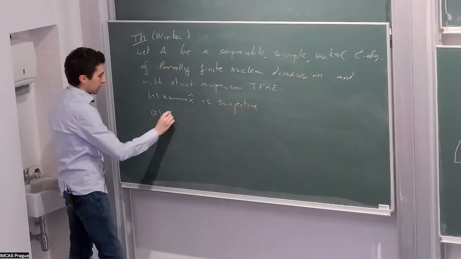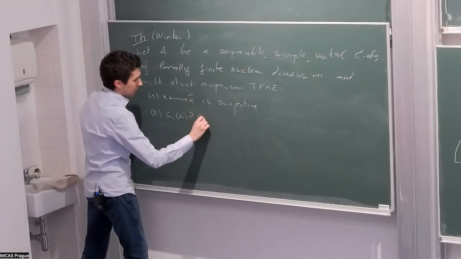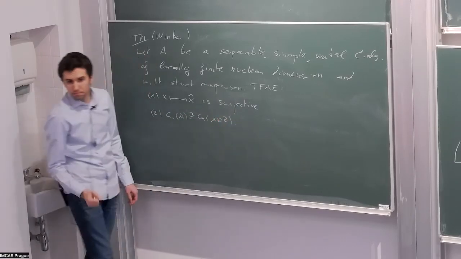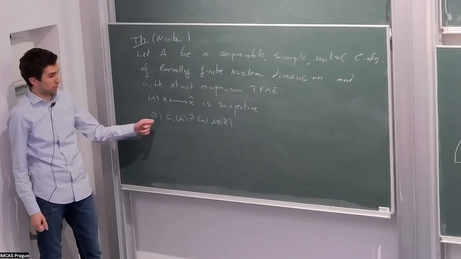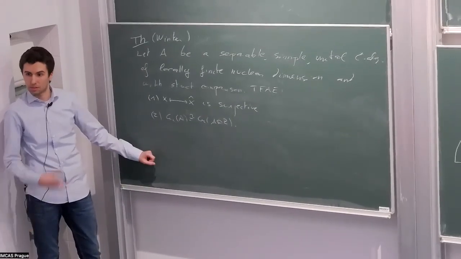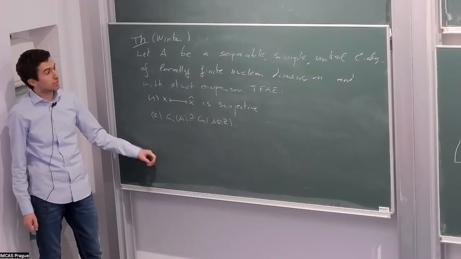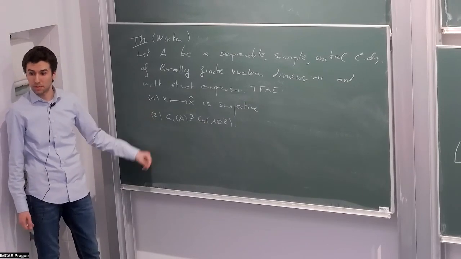And 2, Cu of A is isomorphic with Cu of A. So by what I've just stated before, this will imply Z stability. So it will follow that 3 implies 2. And so that's the connection between the rank problem and Z stability.